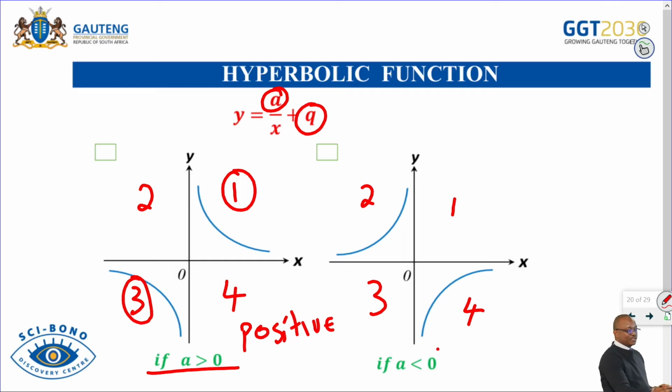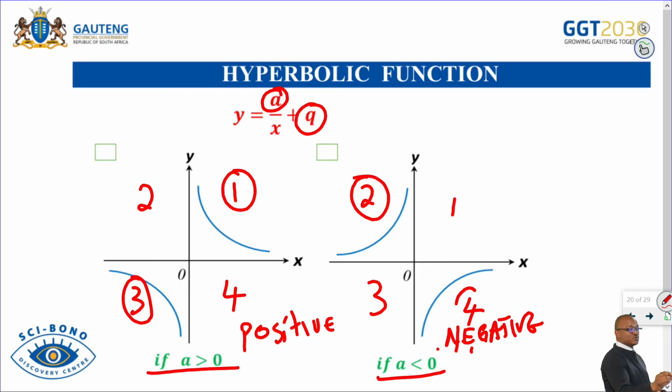Then when a is less than 0, which is negative, we expect our graph to be in quadrant 2 and quadrant 4. And then one important thing about this graph is that we have what we call the asymptotes.